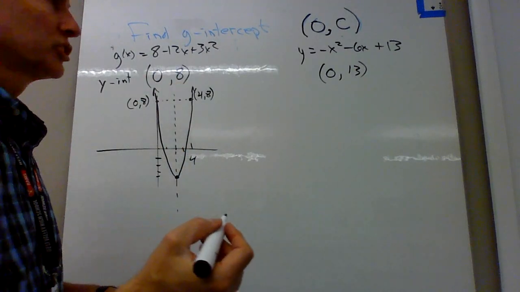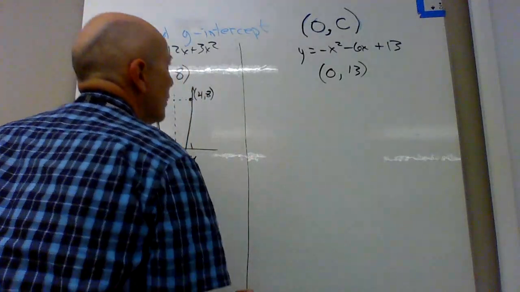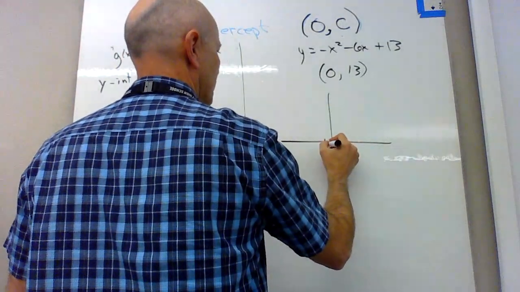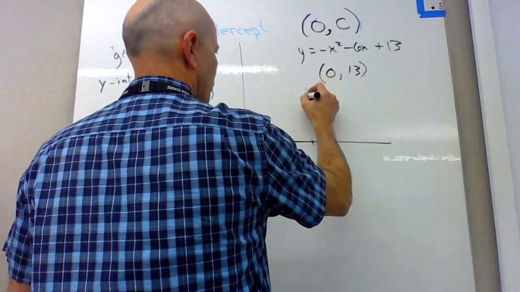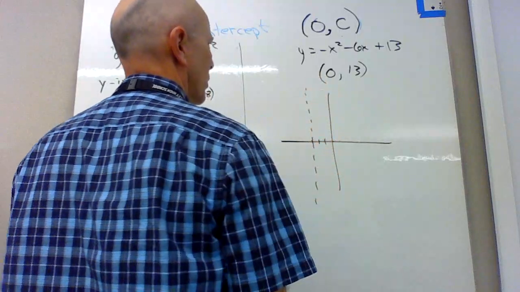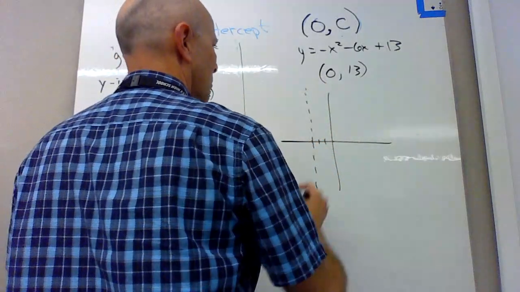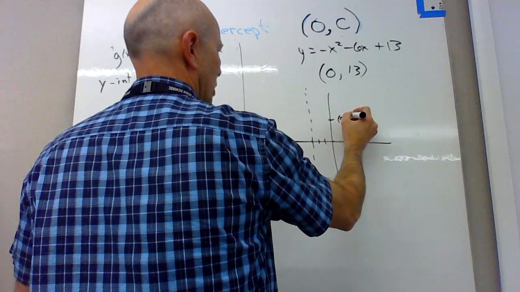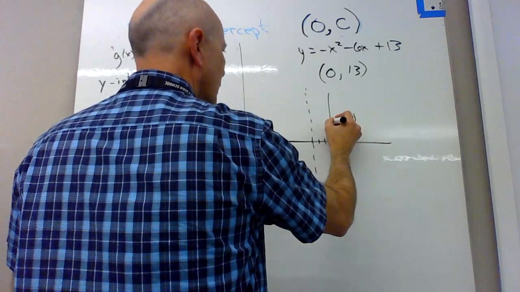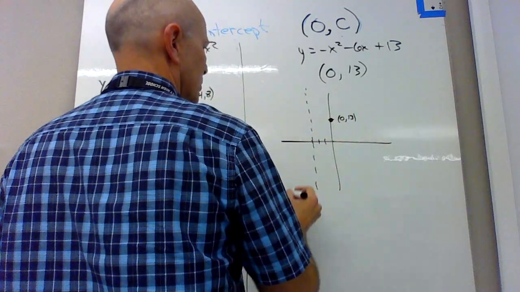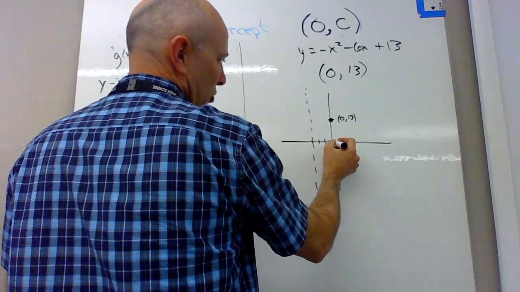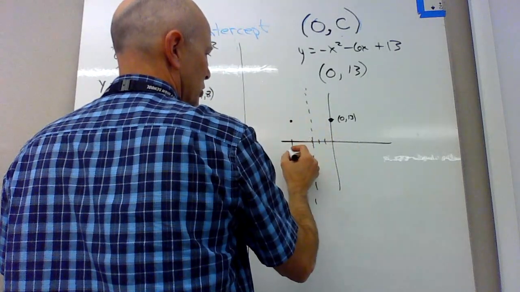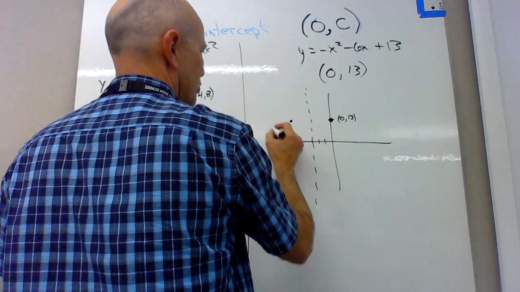Okay. On the second one over here, I'm going to go ahead and make the graph until I find a way to deal with not having the graph. And I'm going to say that this is the point 0, 13. So there was my y-intercept. That's 3 places to the right, so I need to move 3 places to the left, which is going to put me out here at negative 6.